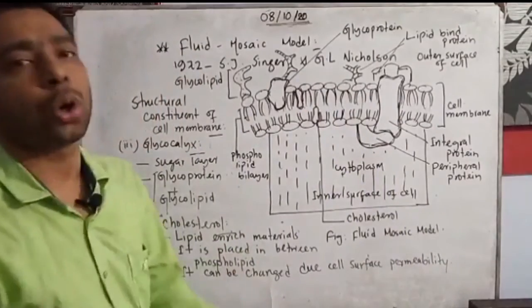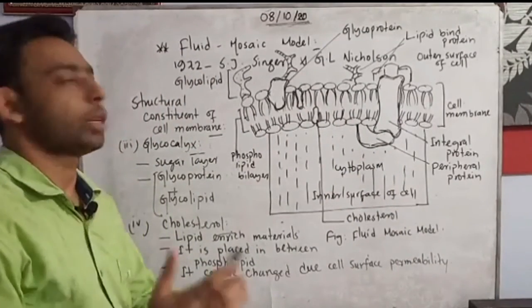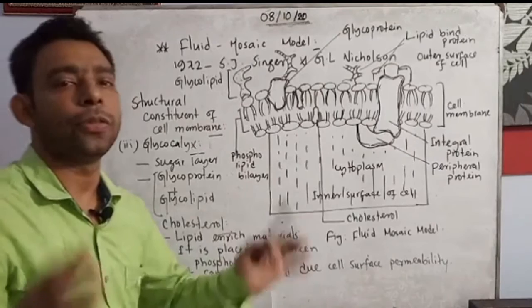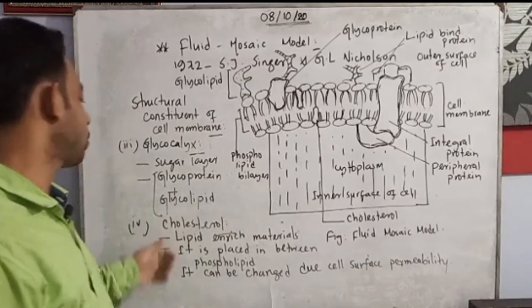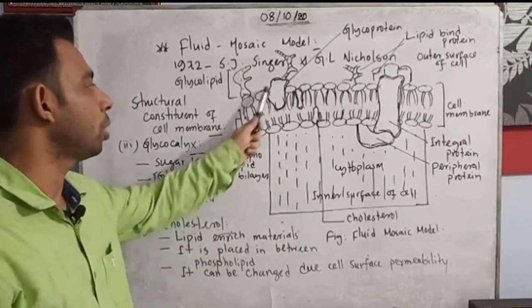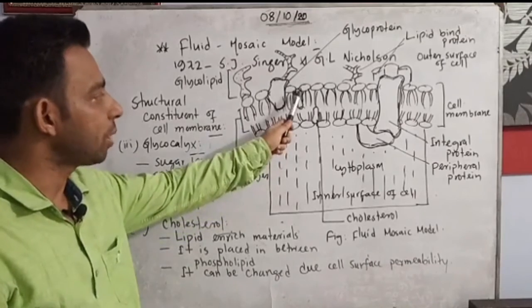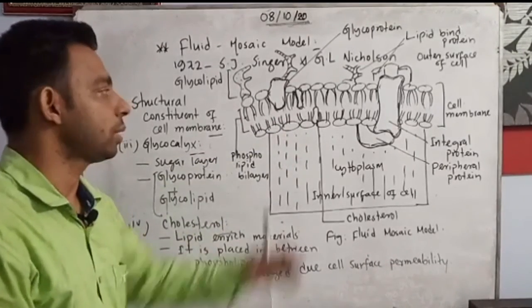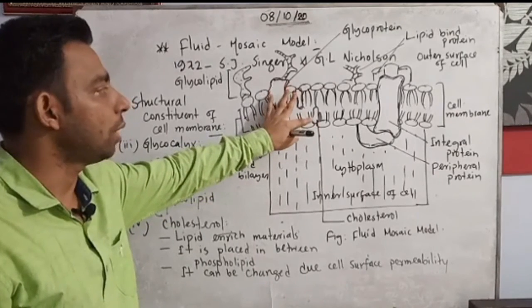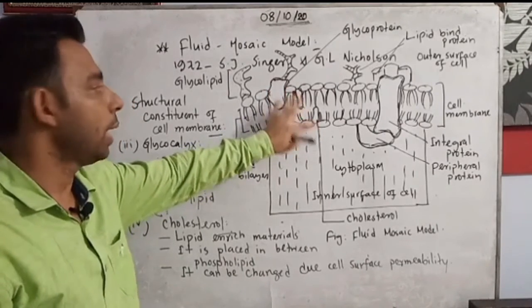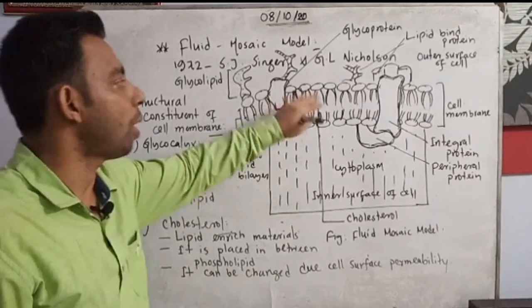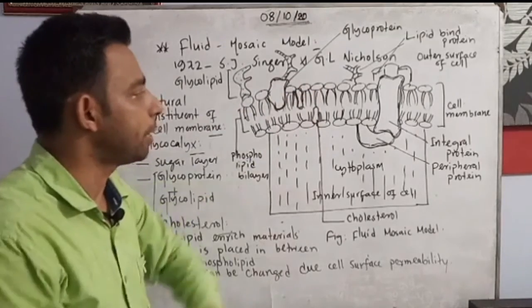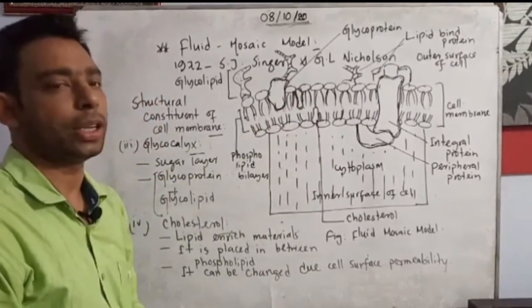I wrote very briefly about the fluid mosaic model, and this model is very important. So the last point was cholesterol. You have seen the phospholipid bilayer. In between them, we have sometimes seen some lipid enriched materials, and these are known as cholesterol. What is the variation in them?